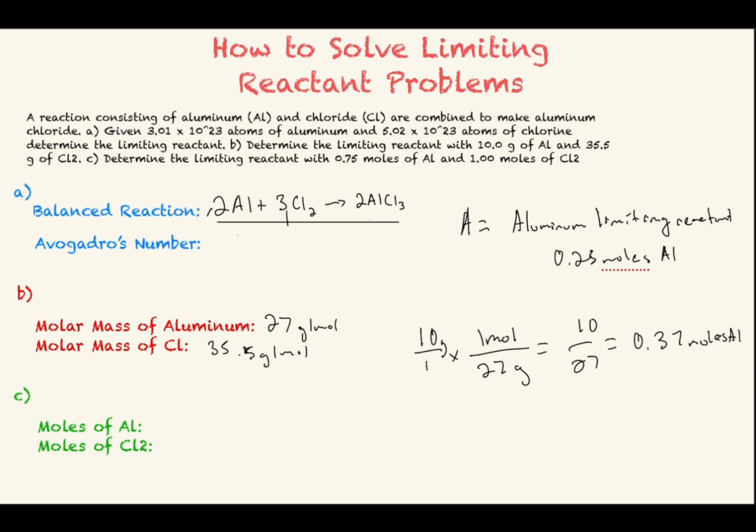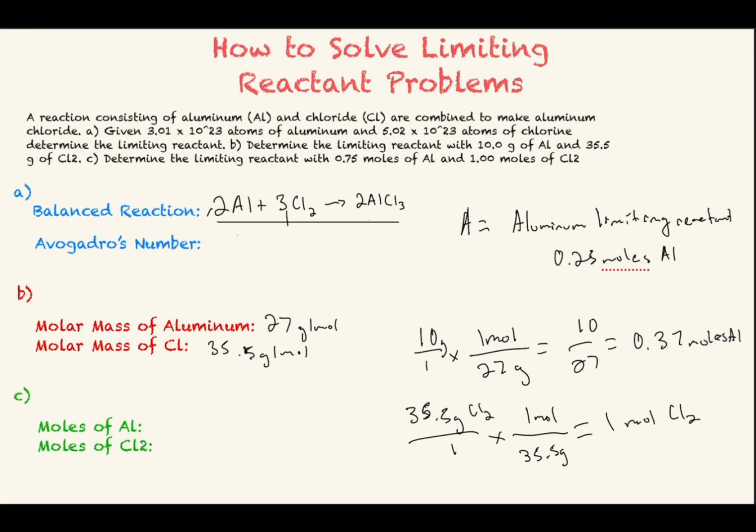And then we'll also do the chlorine one, which will be 35.5 grams Cl2. Make sure to label. And then we'll have 1 mole on top, and 35.5 grams on the bottom. And that'll actually just give us 1 mole of Cl2.